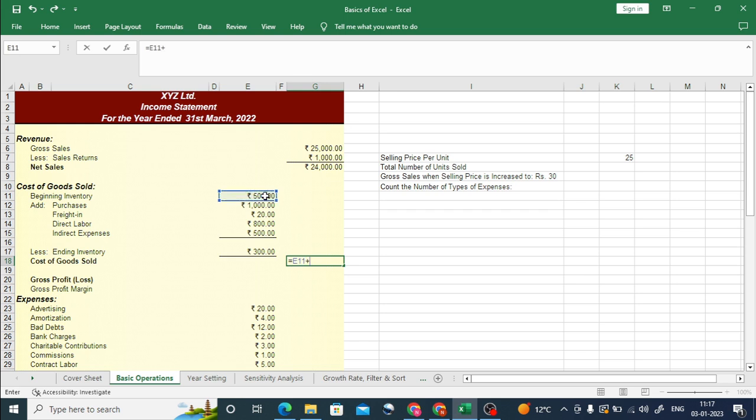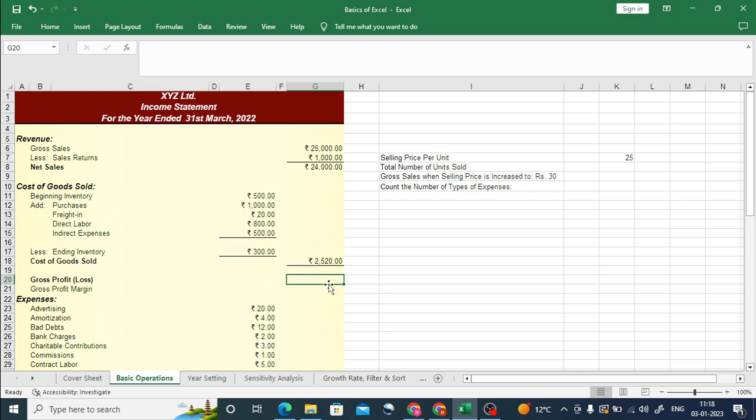So we press plus, we select purchase, again we press plus, then freight in, then plus, then direct labor, again plus, and then indirect expenses, then minus the ending inventory, and we hit enter. So now we have calculated the figure of cost of goods sold, which is 2,520 rupees.